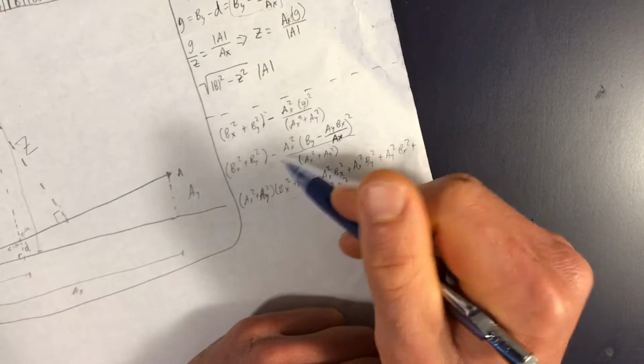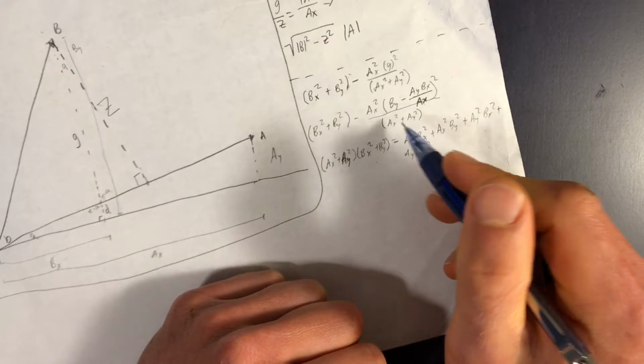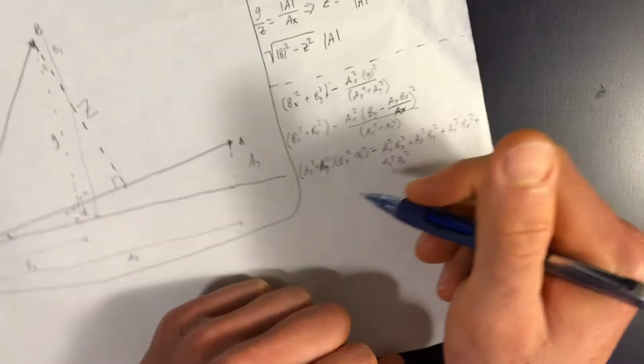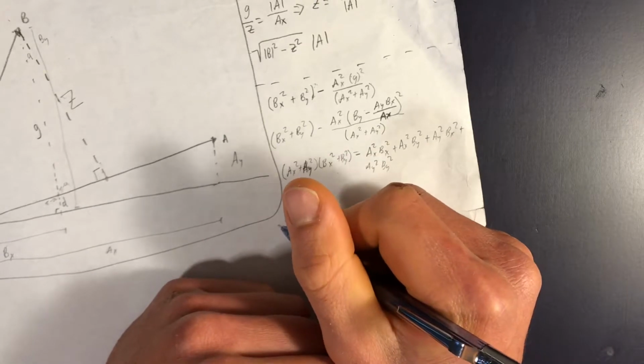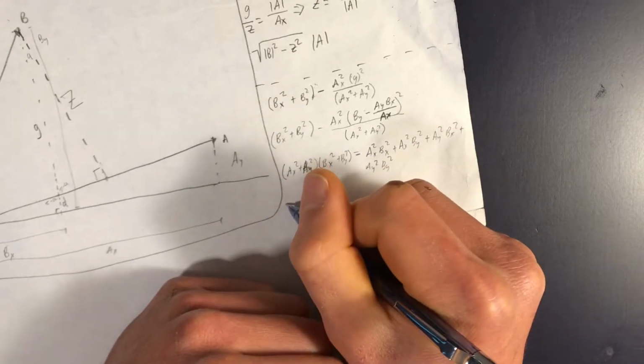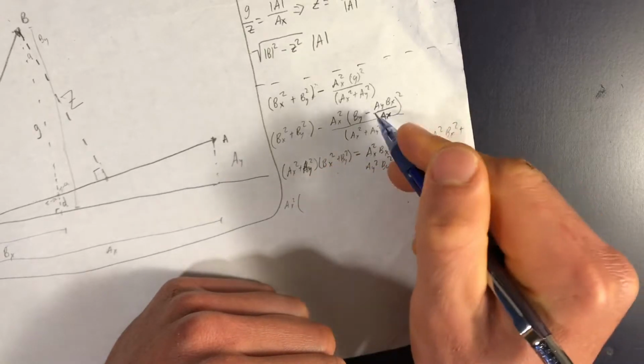Then you subtract this. Where should we put this? Okay, we'll just do it here. Ax, and then what is this?